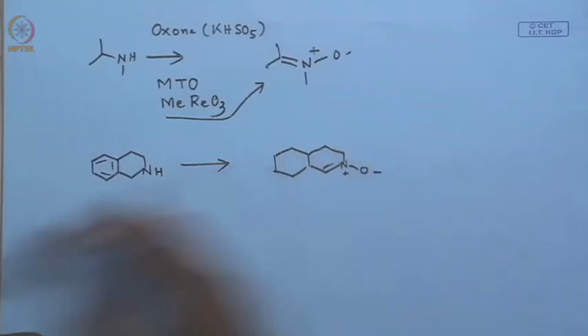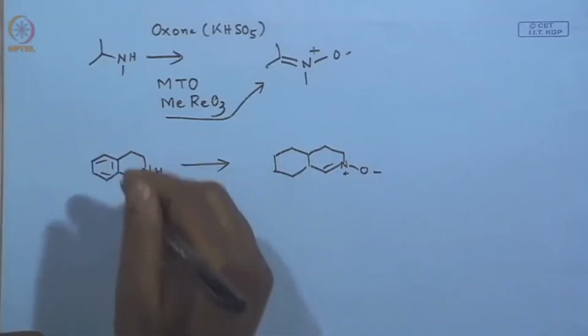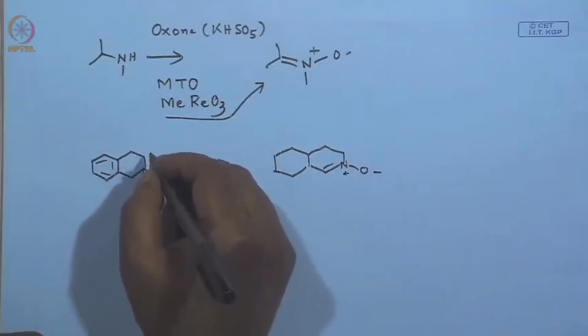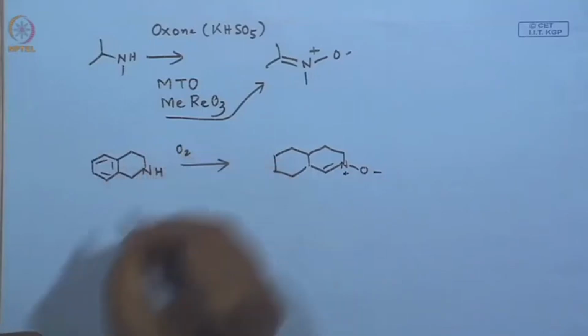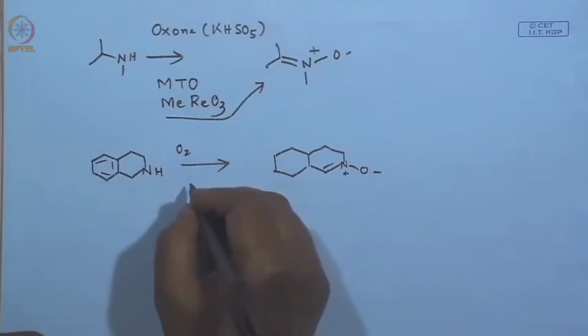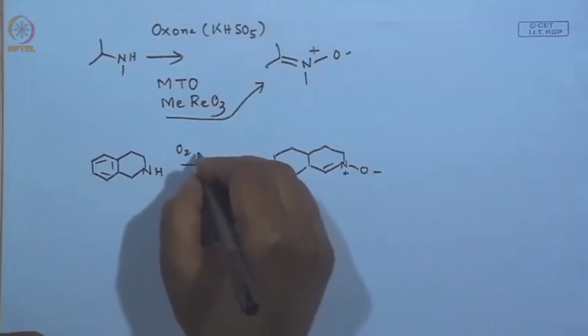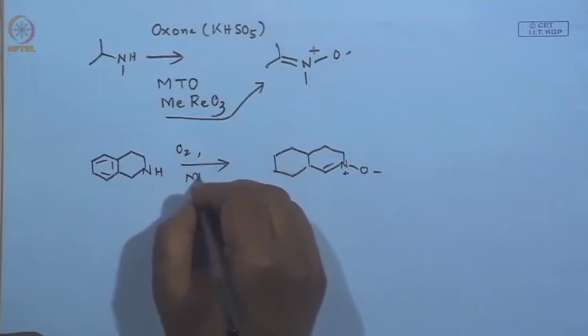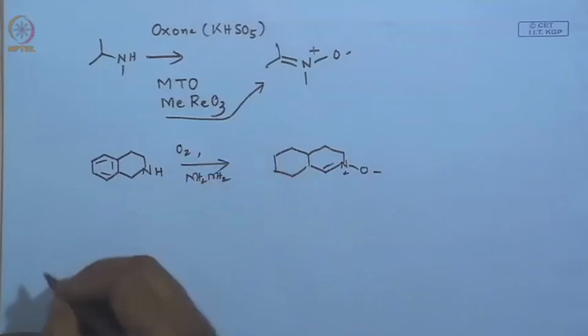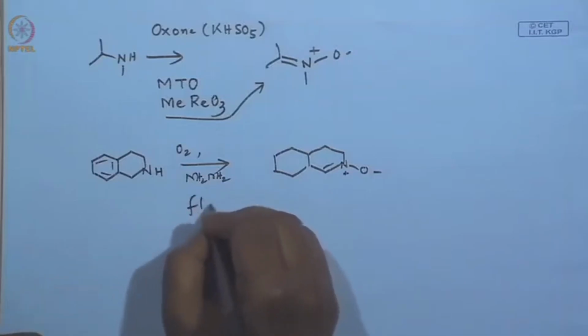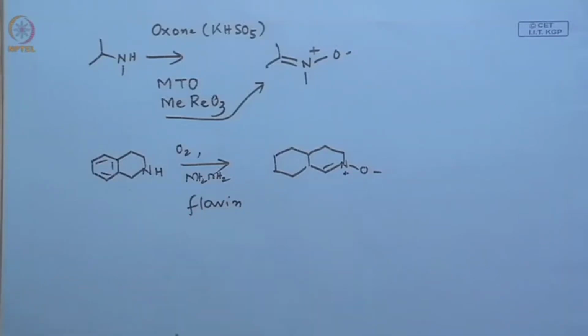There are plenty of methods, you have seen it, but this also can be oxidized by oxygen, just oxygen, in combination with, I really do not know what the use of this hydrazine is. Hydrazine is added, and then, what is this?